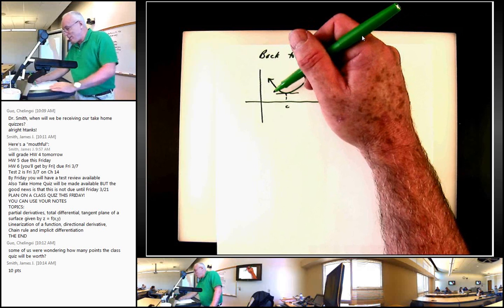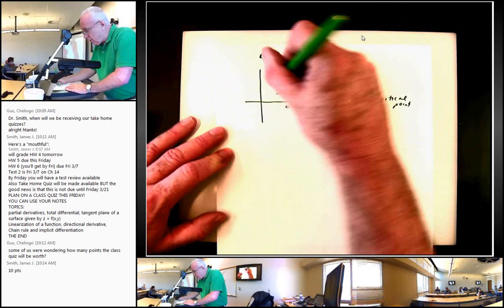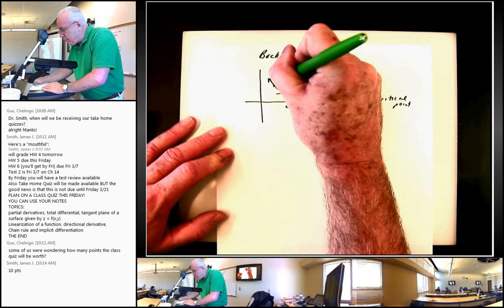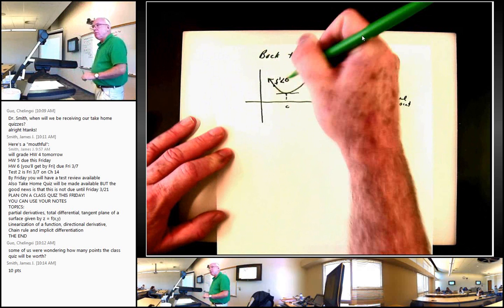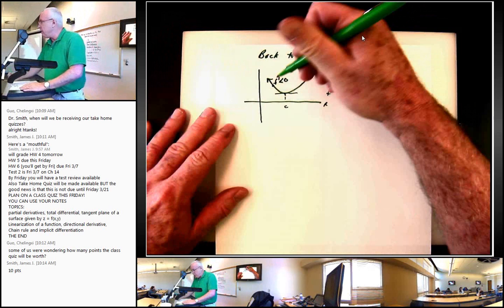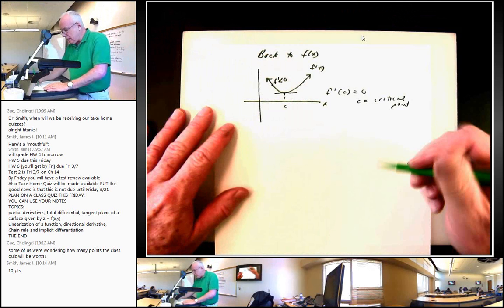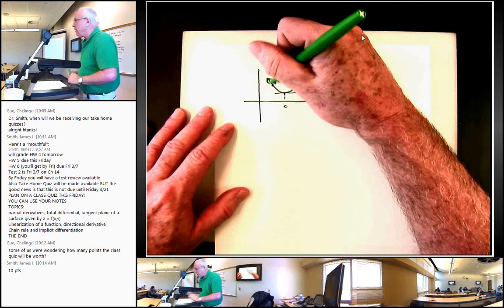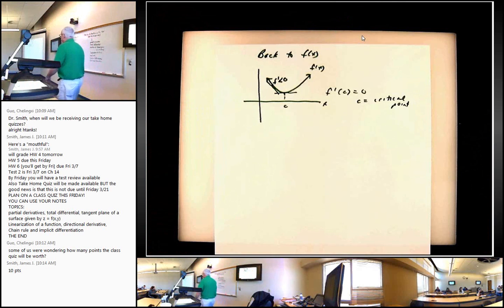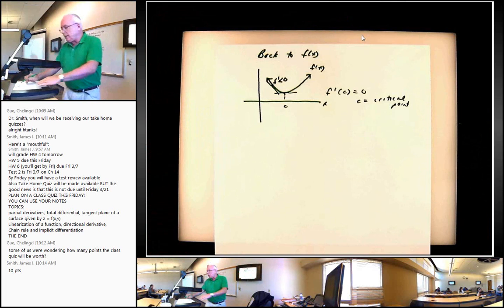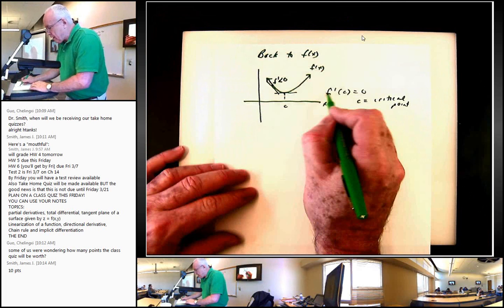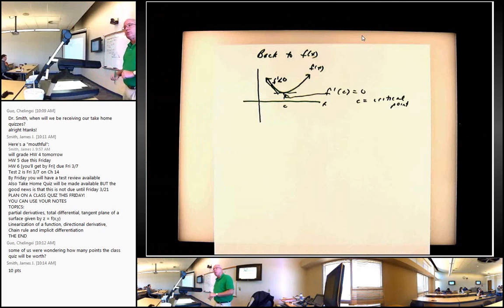Negative value, right. Anywhere along here, f prime is going to be less than 0, because remember, the value is the slope of the tangent line. Any tangent line along here is a line sloping downward. And then, of course, right here, we have that f prime is exactly equal to 0.